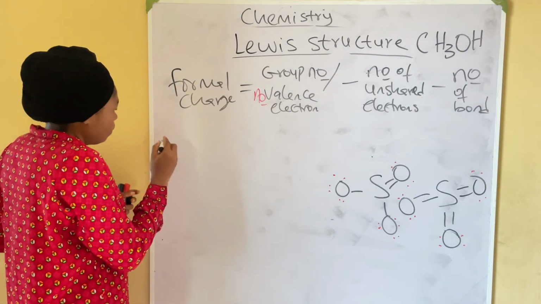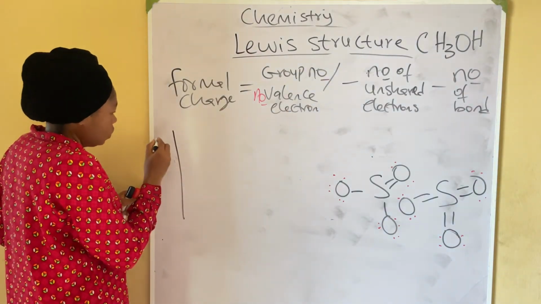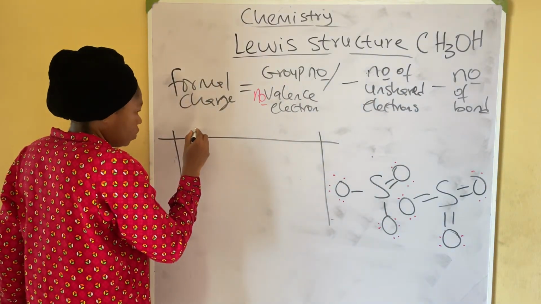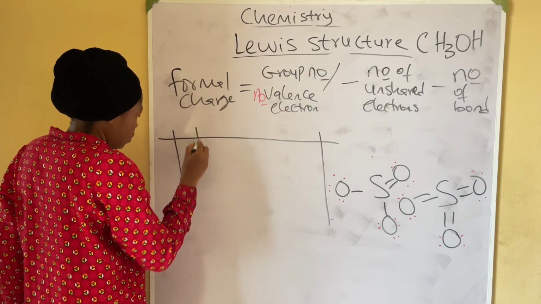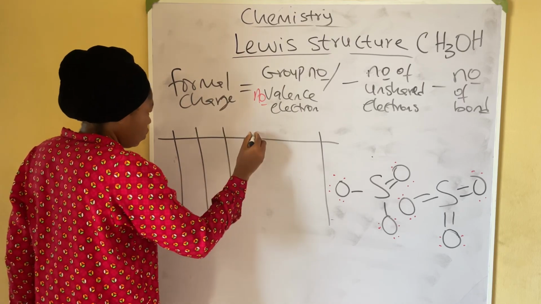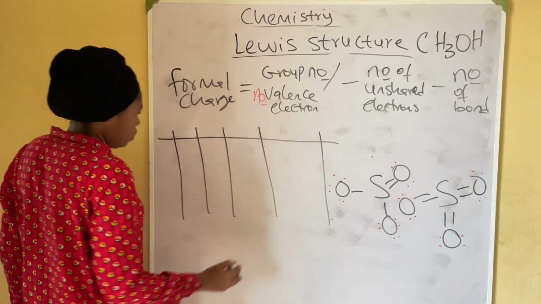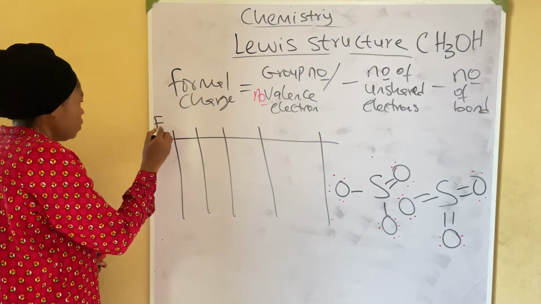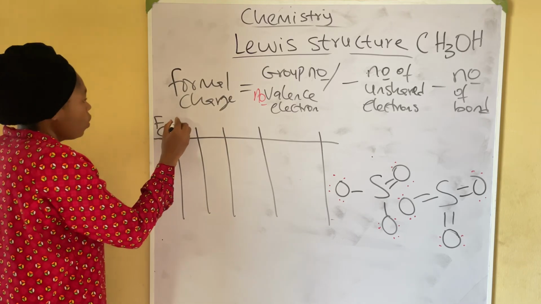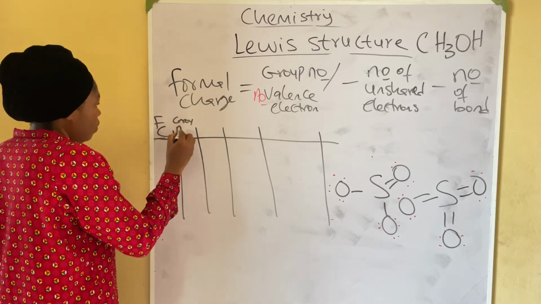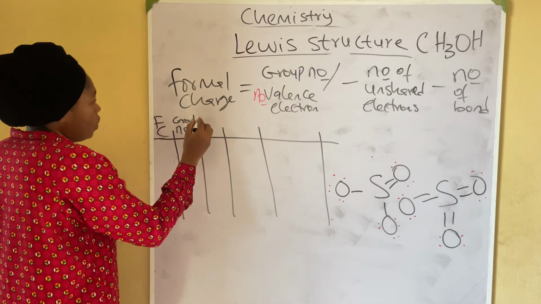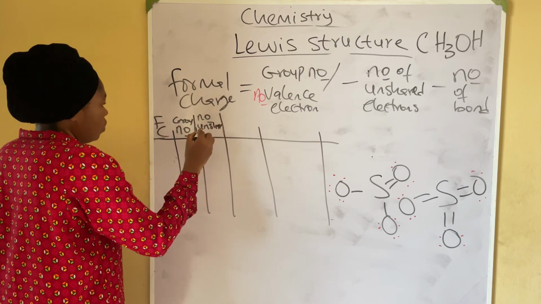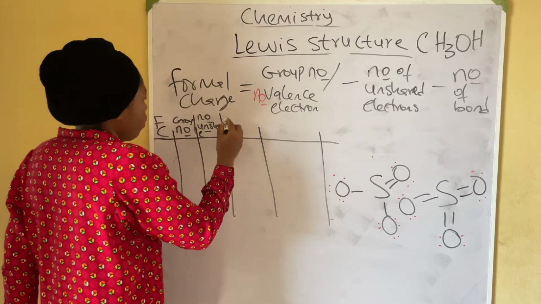Okay, so let's make a table for it: formal charge, group number, number of unshared electrons, number of bonds.